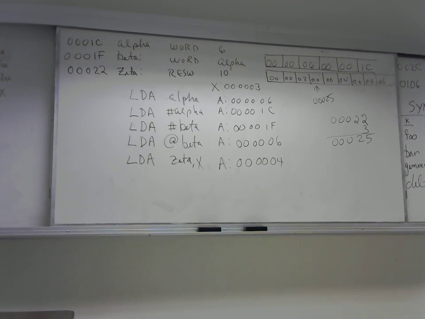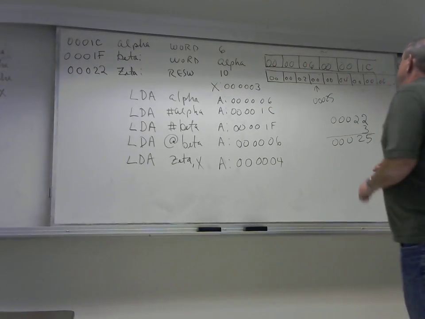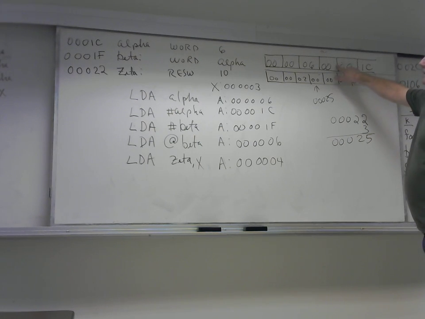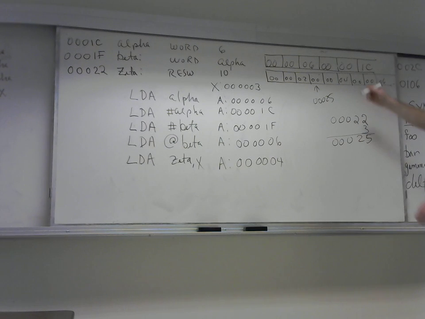All right. Questions from you guys? I have one question. When you went to add beta, you went to 1C, but it says that it's 1F, the address. No, beta is 1F. So we went to 1F, which is here: C, D, E, F. We took the word there and treated it like an address.